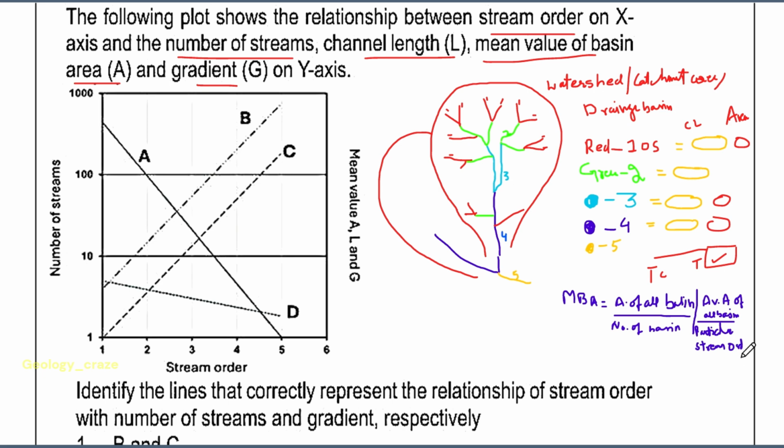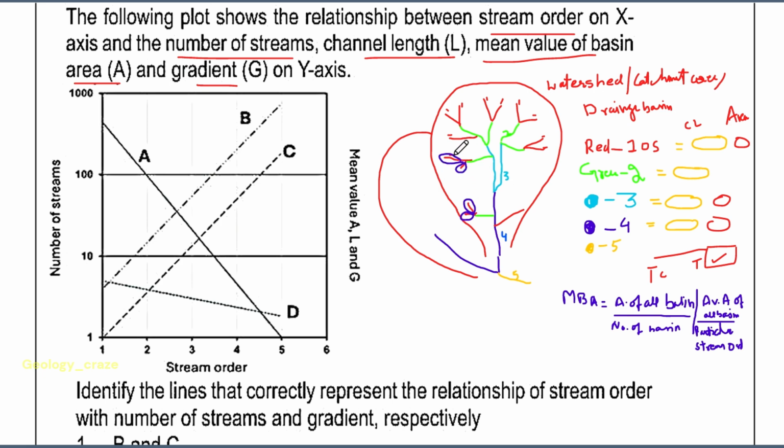To calculate it, we have to calculate for the first order area. First order has small basins. This is the overall watershed or catchment area, but here we have a single basin also, for the first order itself.